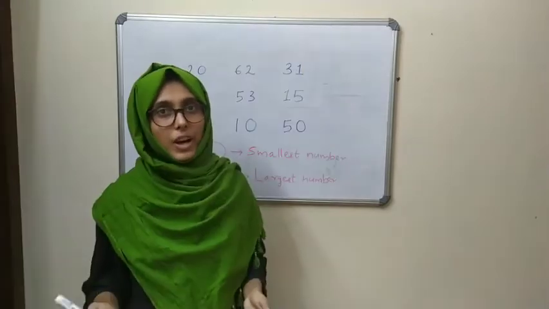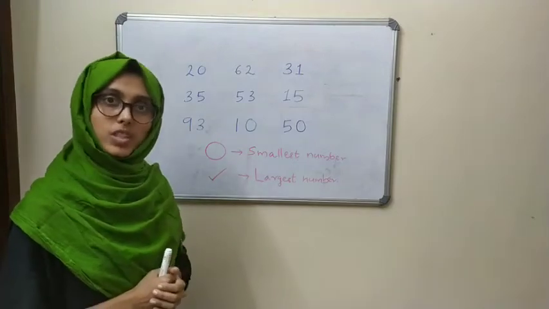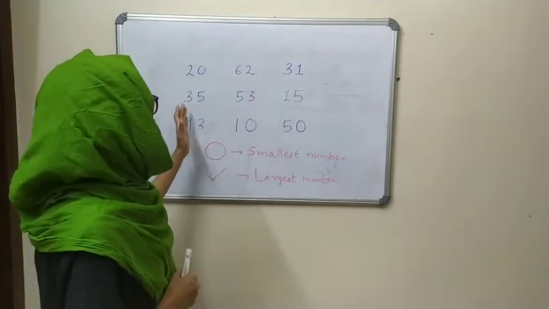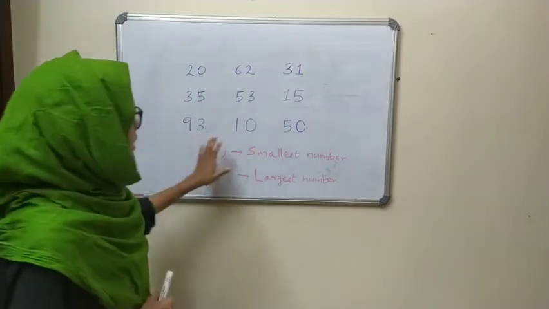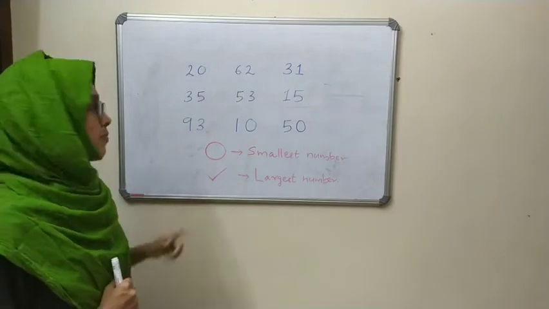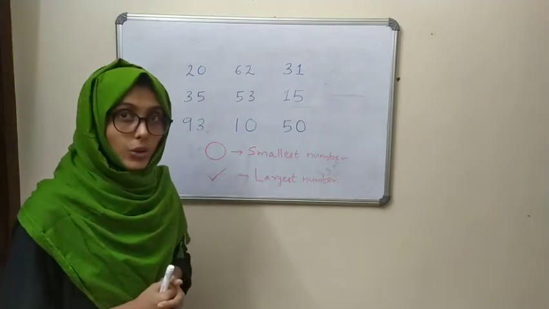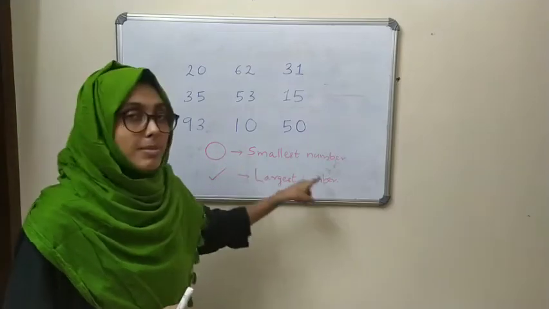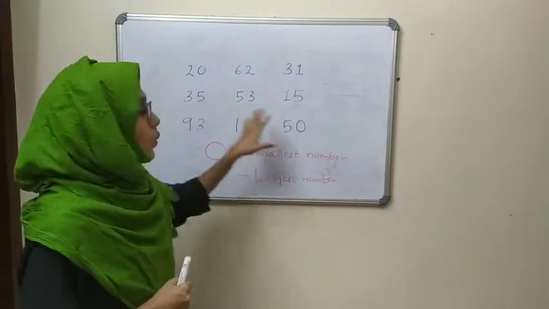Okay. Now my dear students, you can see some numbers here. Which are the numbers? 20, 62, 31, 35, 53, 15, 93, 10, 50. And they are saying you want to give a round to the smallest number in each row. Okay?